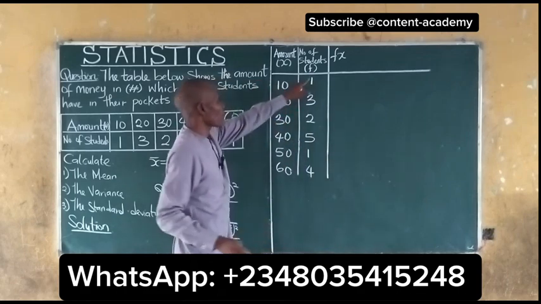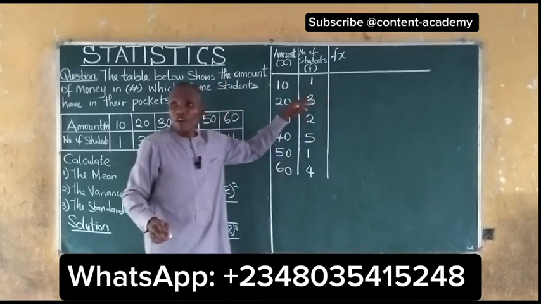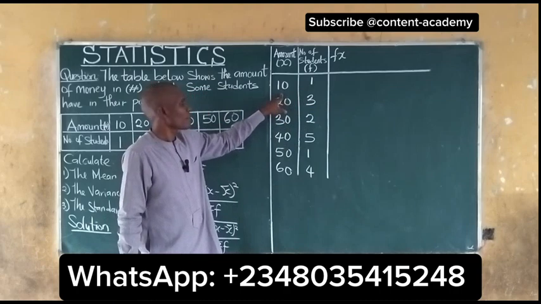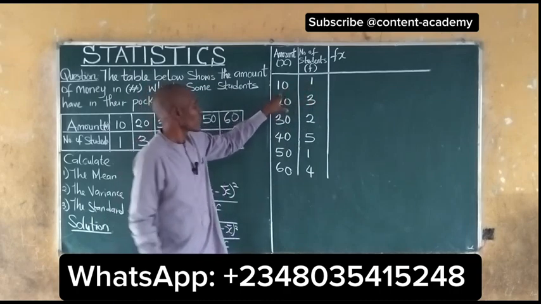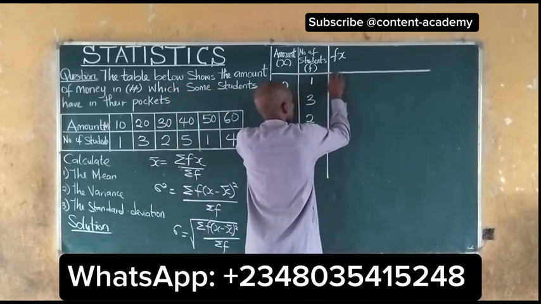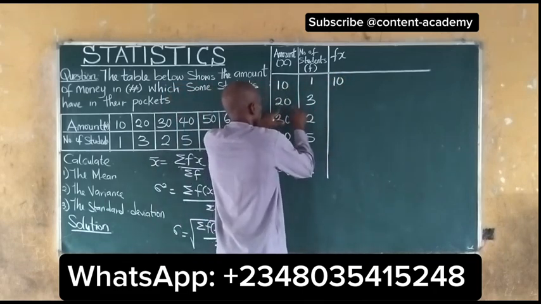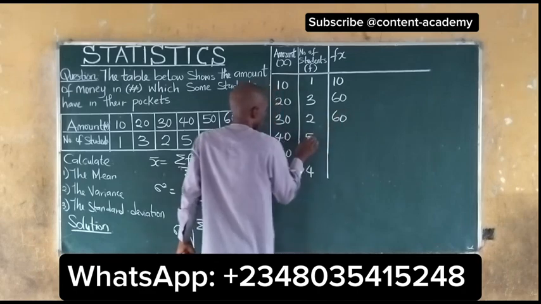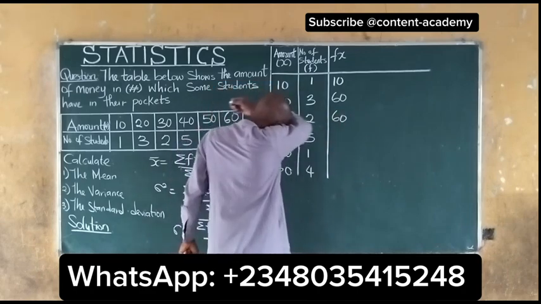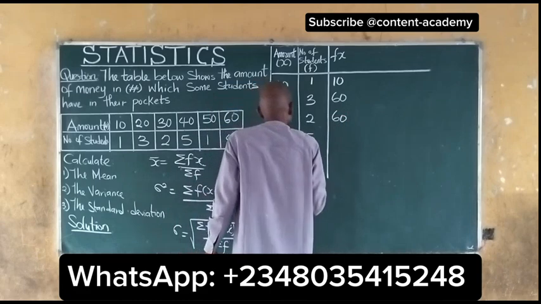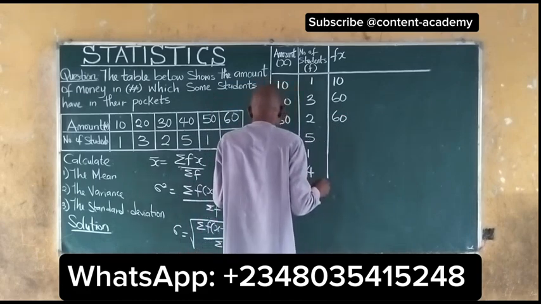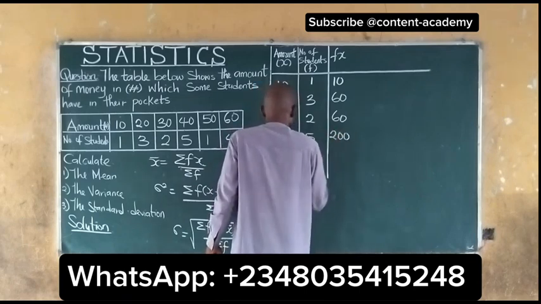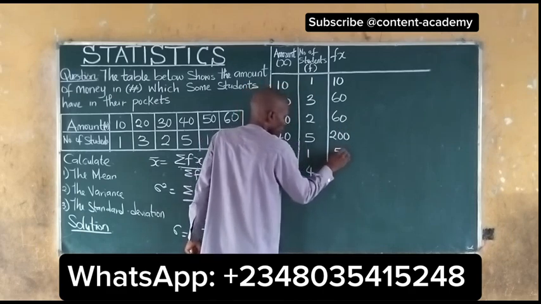Now, how do we get our f of x value? Our f of x value is this multiplied by this. That means the values here multiplied by the values here. Now, for this, we have 1 times 10, we have 10. 3 multiplied by 20, we have 60. 2 multiplied by 30, we have 60. 5 multiplied by 40, we have 200. 50 multiplied by 1, we have 50.